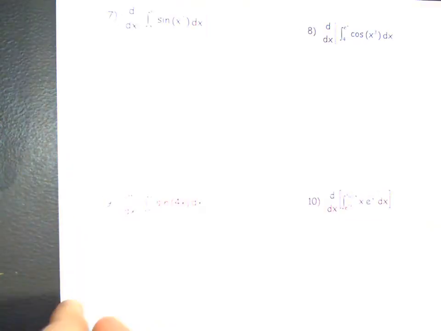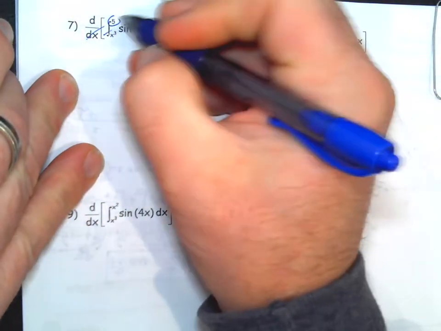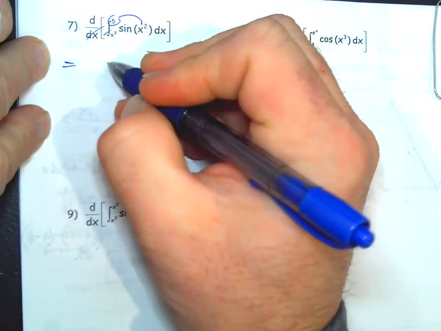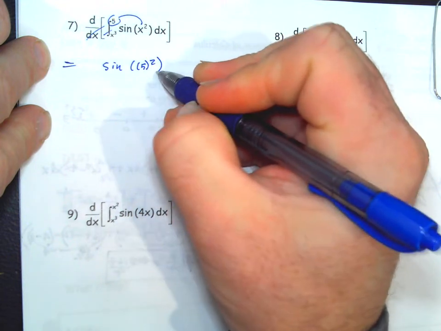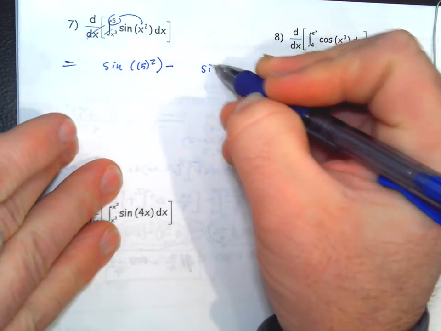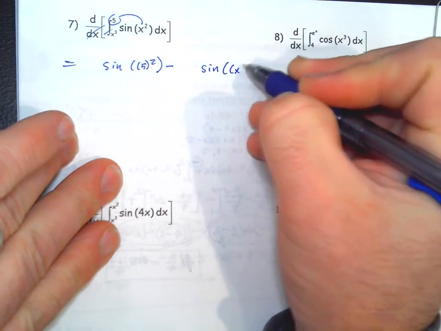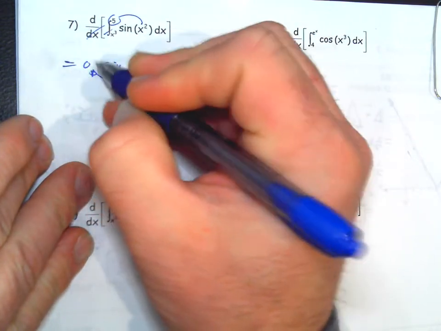So we got some more on the back here. Plug limits in, so it's going to be sine of 5 squared, and it might just be good to go ahead and always just put it in parentheses first, otherwise you might make a mistake. Sine of parentheses x cubed squared, derivative of 5 is 0, that term goes away.